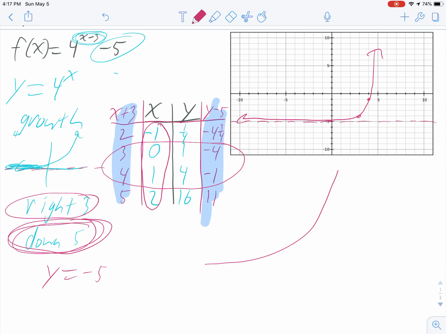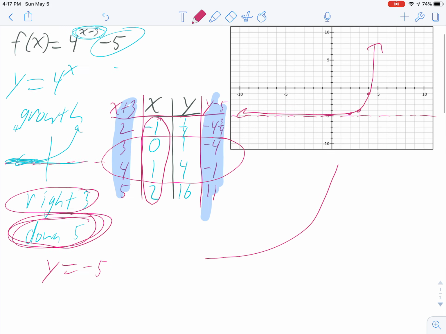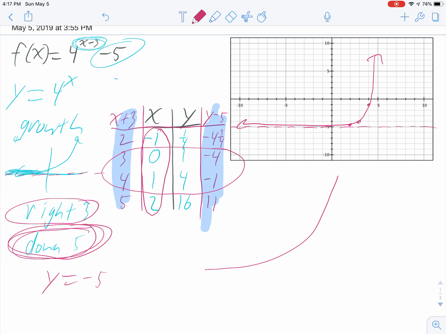By adding in a couple extra points, like the 2 and -4 3/4, which is right about there, and then the 5 and 11, which should be way up there, you can see I didn't really need those extra points. Those two critical points there were enough. And so that's my graph. That's a pretty good sketch of that graph.